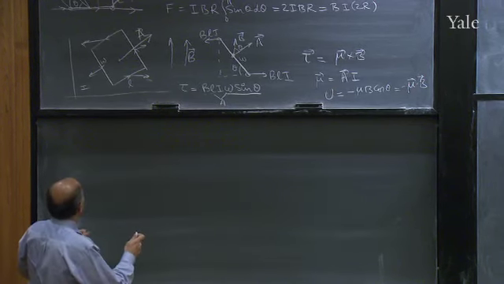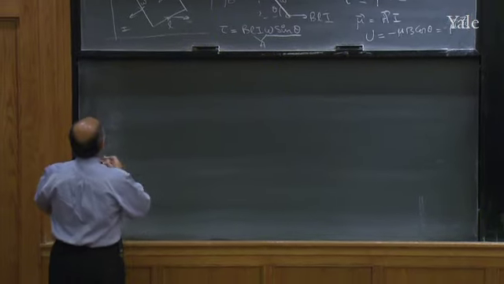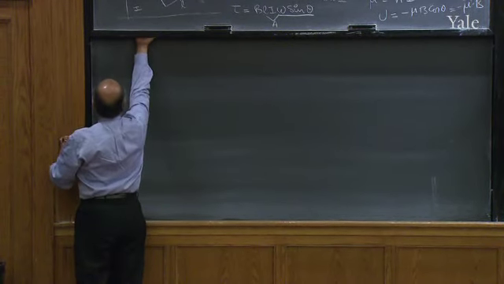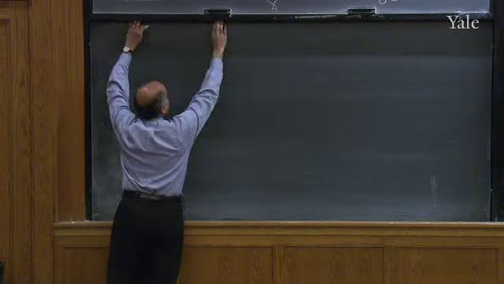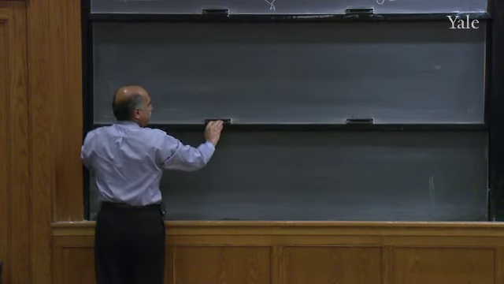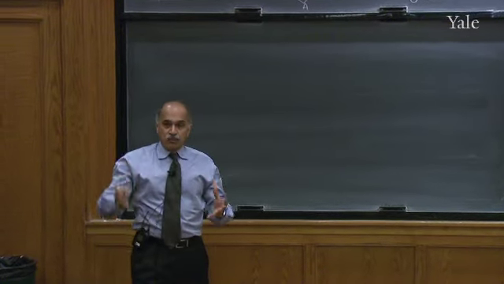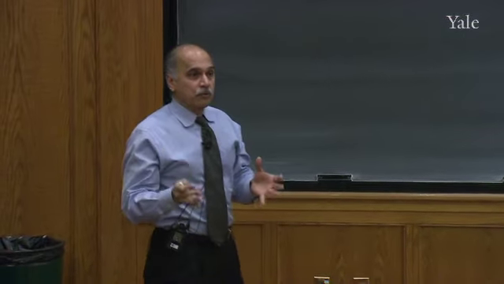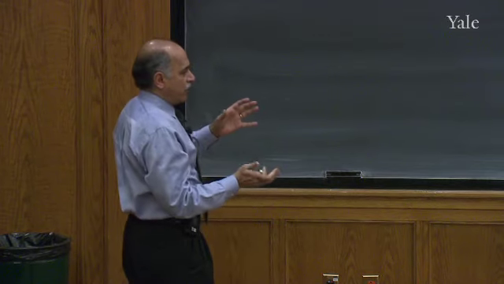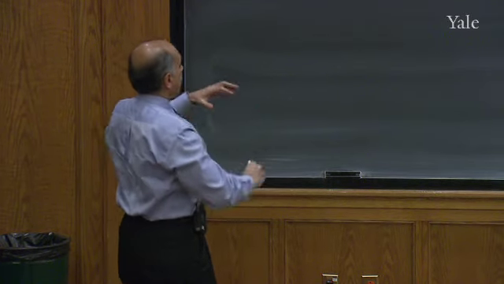The point I'm making is this loop would like to have its area vector parallel to the magnetic field. That's what you got to understand. It will align itself so that the most amount of magnetic field lines go through it. So one way is to be parallel to it, or the other is to be anti-parallel.